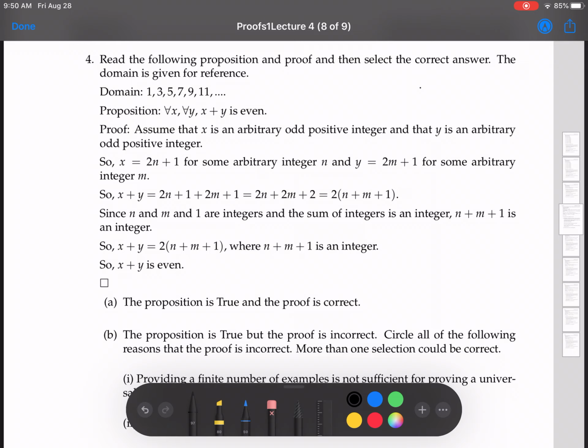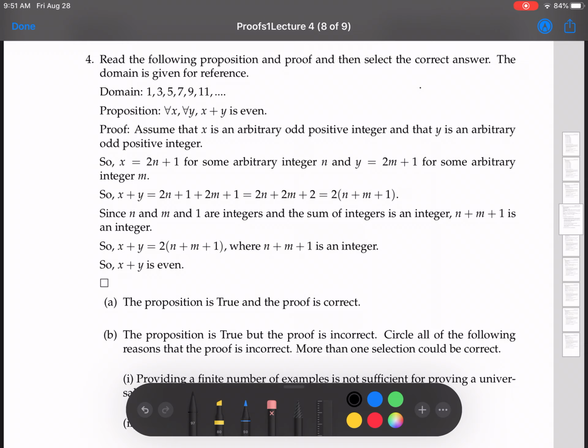Okay? So this really is the key part of the proof, and that is that x plus y is 2 times n plus m plus 1. Now, remember, even and odd is only defined for integers, right?